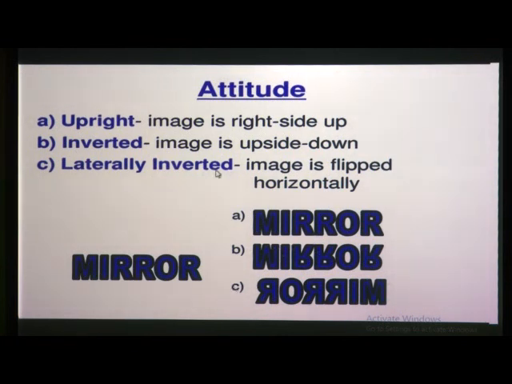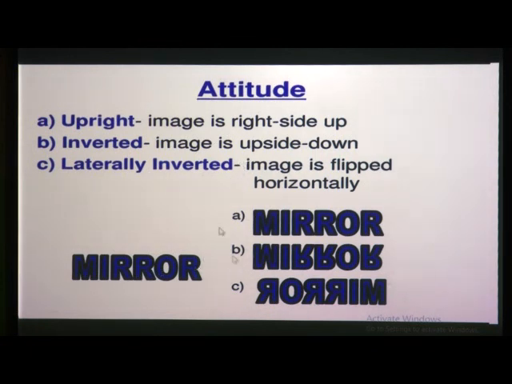And in the laterally inverted image, you will see it here in this C type. Suppose at this ABC you placed a mirror, and the word is in front of the mirror.